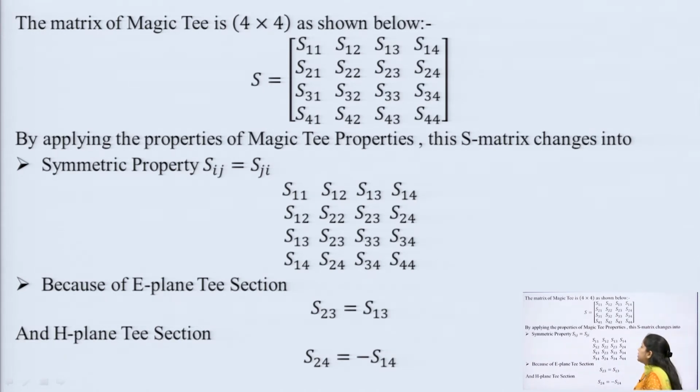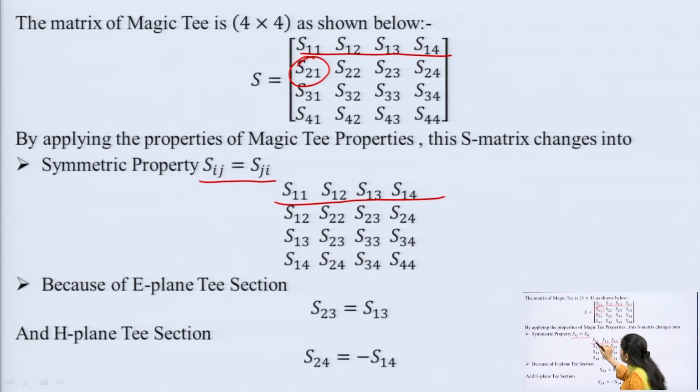The first property says Sij is equal to Sji, which is the symmetric property. So, as per this, what will happen? The first row remains the same, there will be no difference. The basic difference arises from the second row. S21 changes into S12 and the others remain the same.